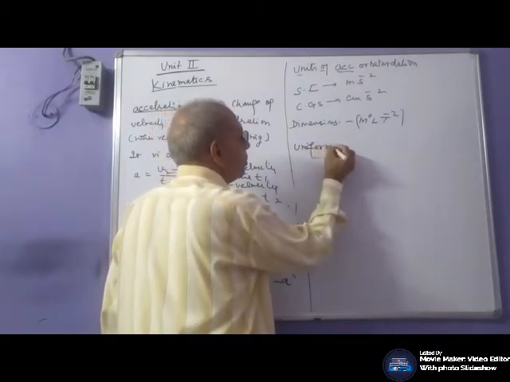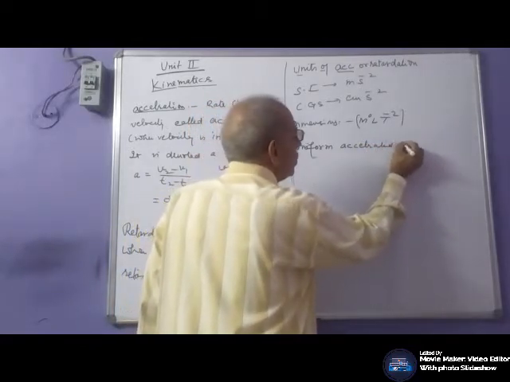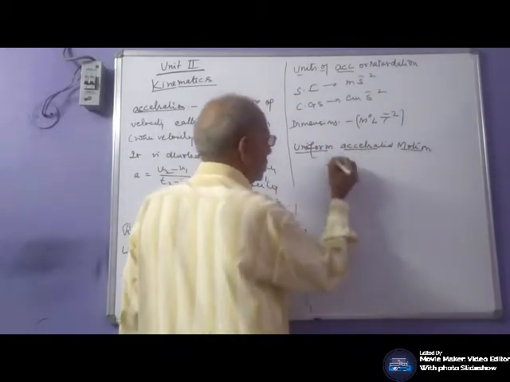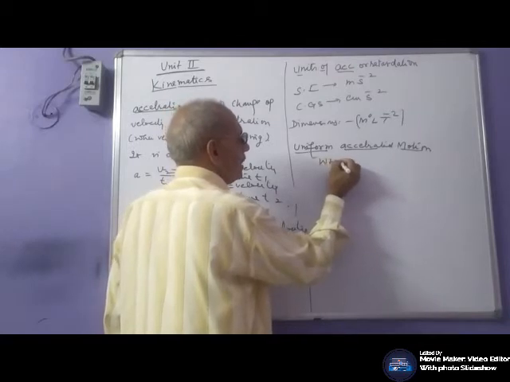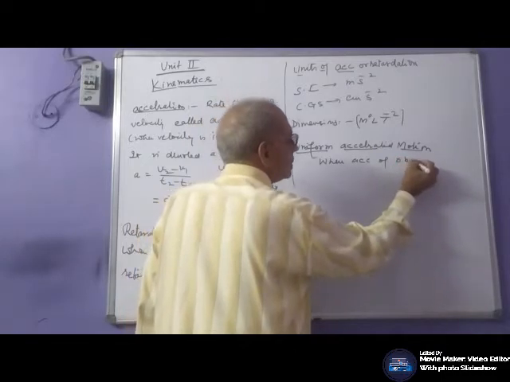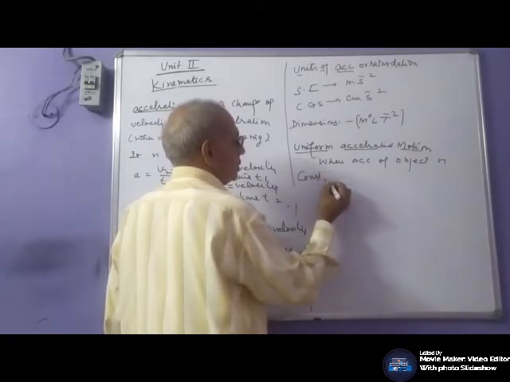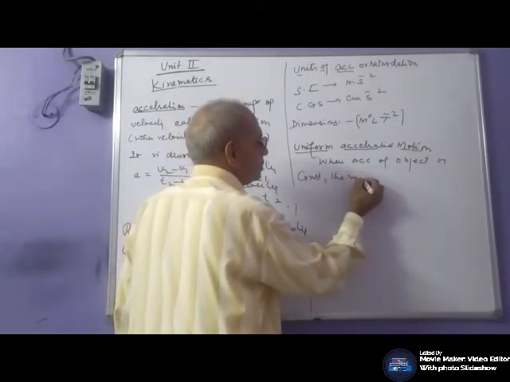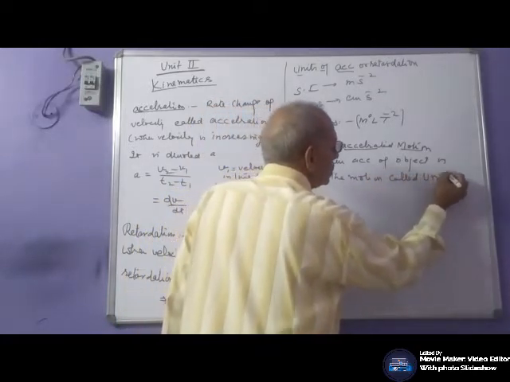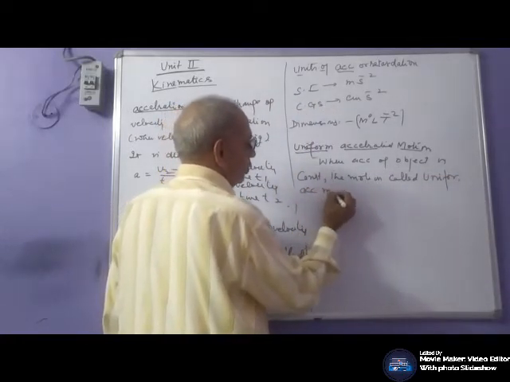Uniform accelerated motion. When acceleration of an object is constant, then the motion is called uniform accelerated motion.